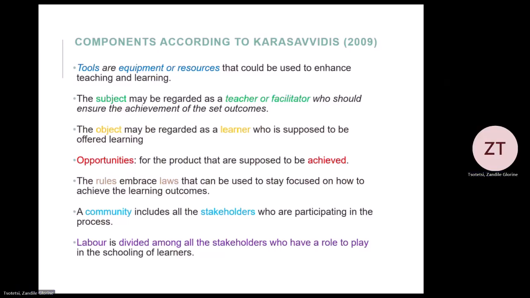Therefore, the labor is divided amongst all of them. When we looked at role players in the previous lesson, we specified the responsibilities of each and every role player, what they're supposed to do in the schooling of learners. Therefore, division of labor is where it comes in: amongst every stakeholder, the labor is divided amongst all of them.